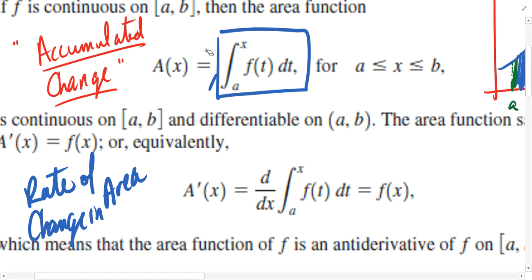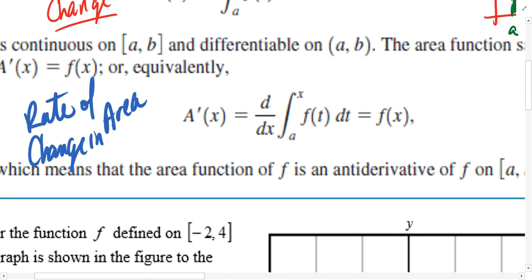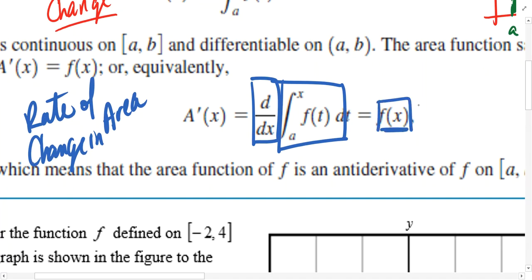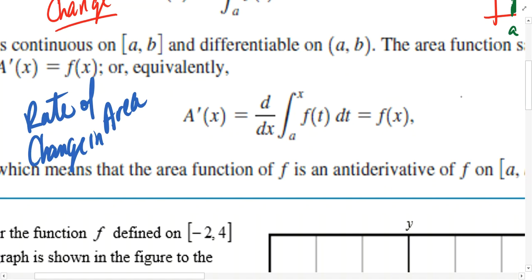And so by extension of the fundamental theorem, we are saying that the derivative of an antiderivative is simply the function on the interior. So the derivative of the antiderivative of a function is that function itself. And the derivative of the antiderivative is the function relative to x here, because x is the variable in this area function.